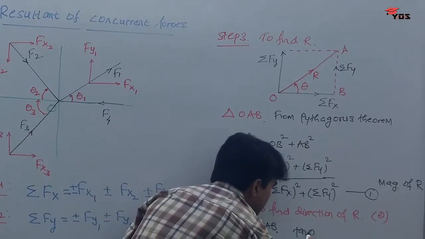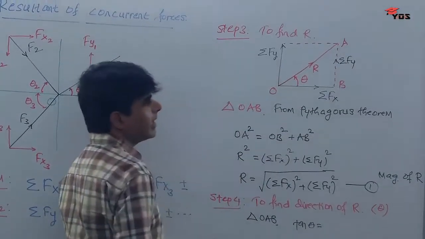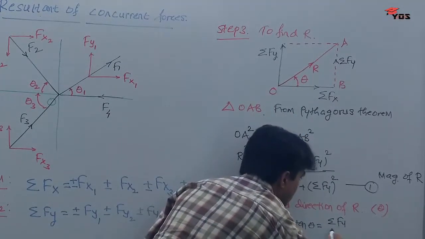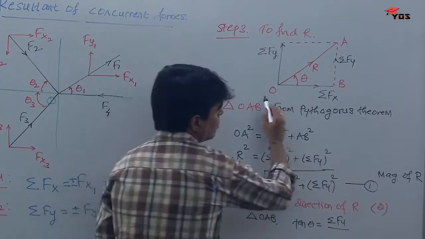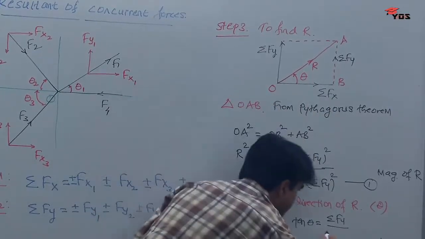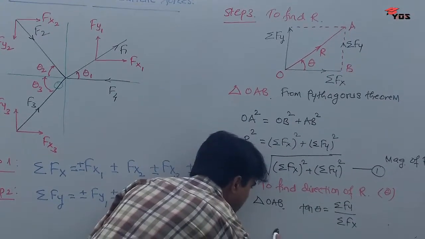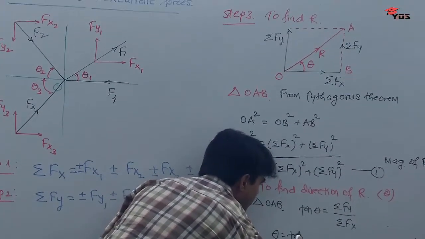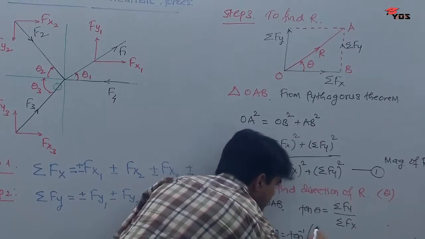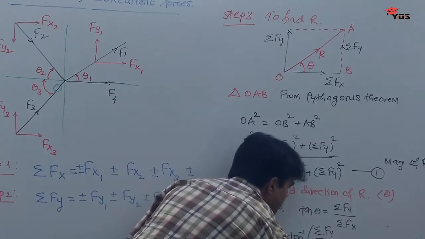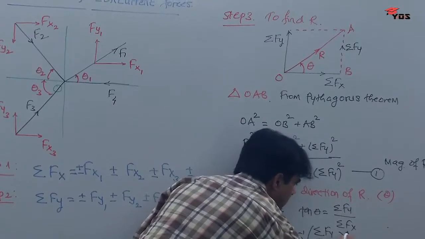So tan theta is given by opposite side AB, along AB you have sigma Fy, divided by OB you have summation of Fx, or theta is given by tan inverse of summation of Fy divided by summation of Fx.